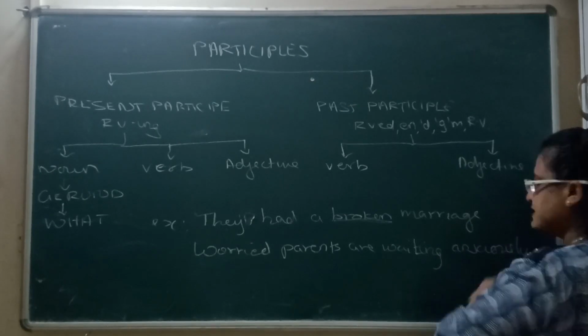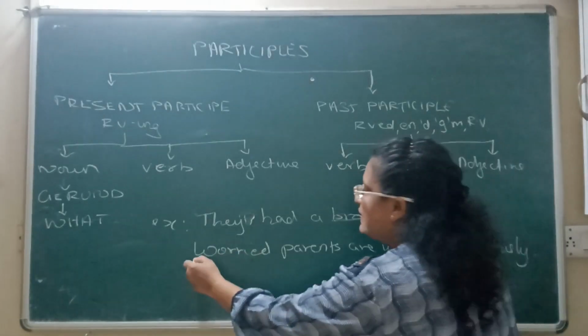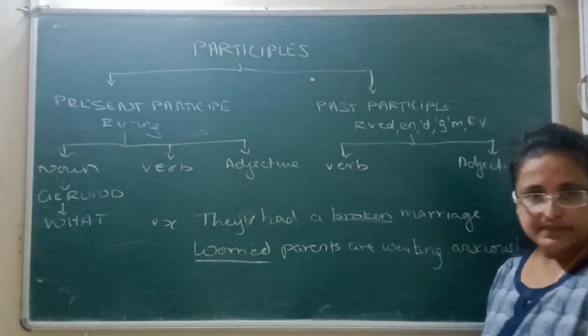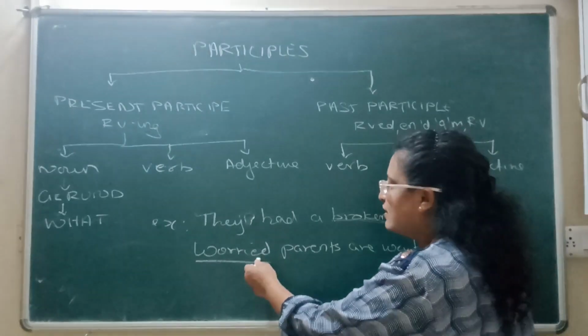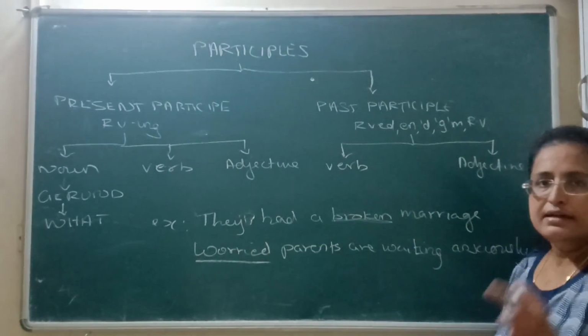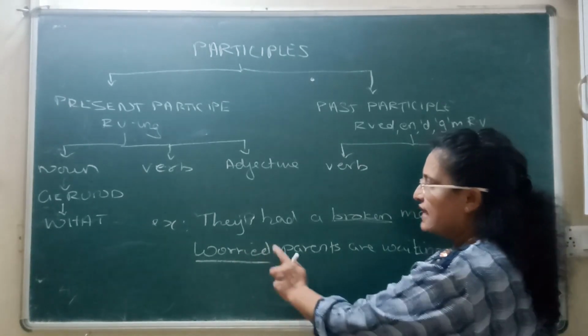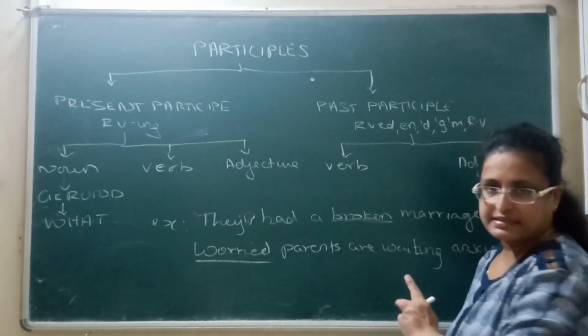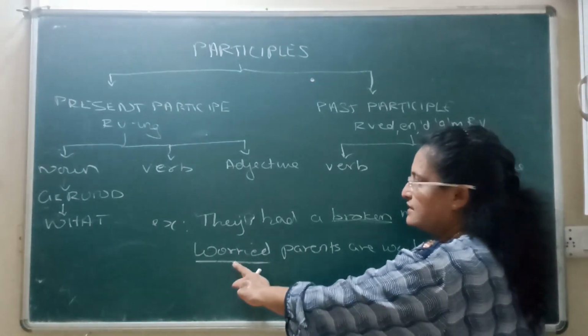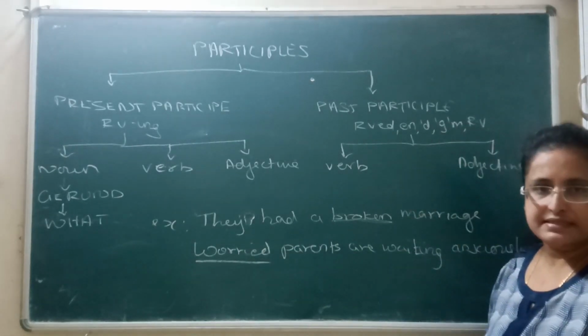If you see in this example, worried is a past participle. Okay, but here it is taking the place of an adjective. Which parents? This word worried is actually describing parents. So here it is functioning as an adjective participle.